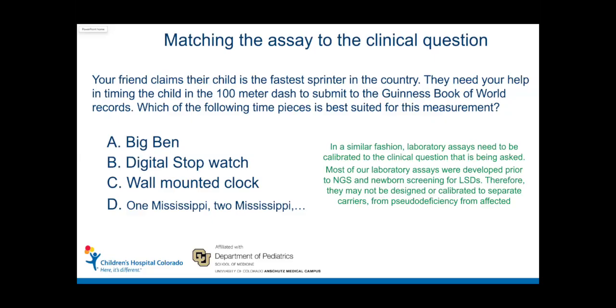And so we may not have the data, or they may not have been calibrated to answer the intricate questions that we're trying to deal with in terms of, what do GAG levels look like in carriers? Can we tell a pseudodeficiency patient from a mildly affected patient, and things like that? So I'm going to try to weave that concept into the rest of my presentation.